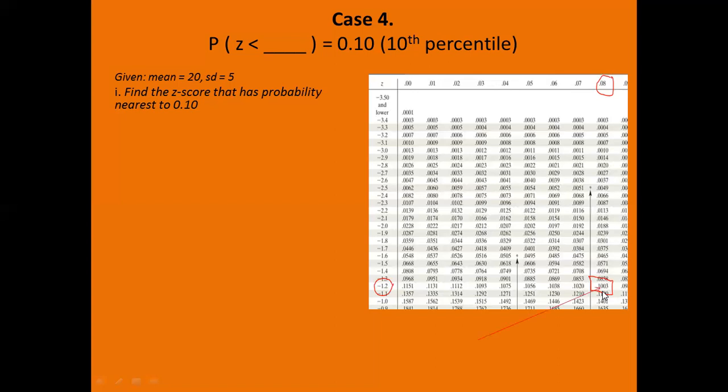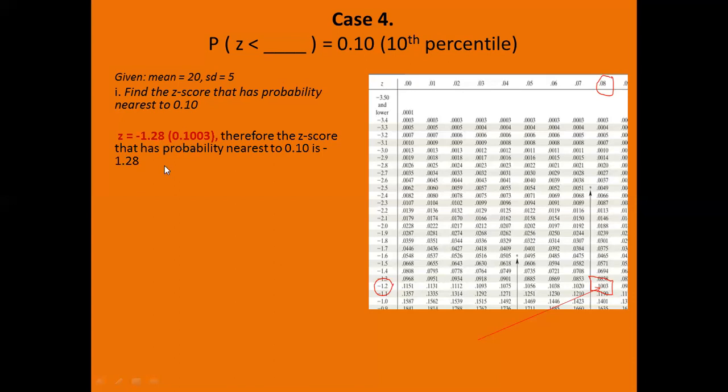Okay, yan. Once you've determined that probability, take note of the intersection na standard score. So, ang intersection na standard score is negative 1.2 and 0.08. So, you get the intersection of that. So, that will be negative 1.28. So, yung standard score po na may probability na pinakamalapit sa 0.10 is negative 1.28.